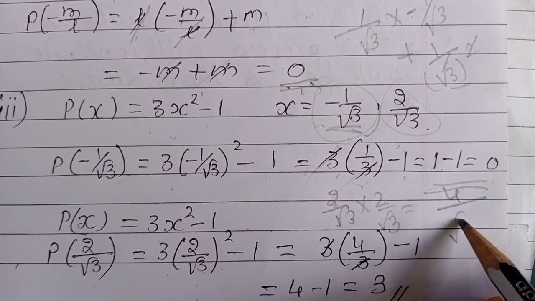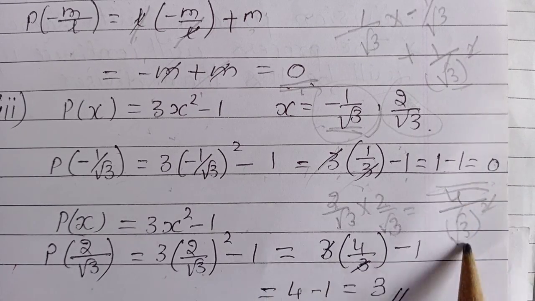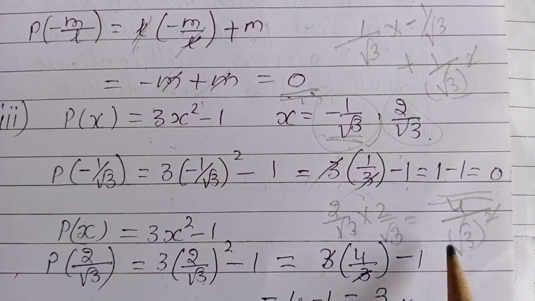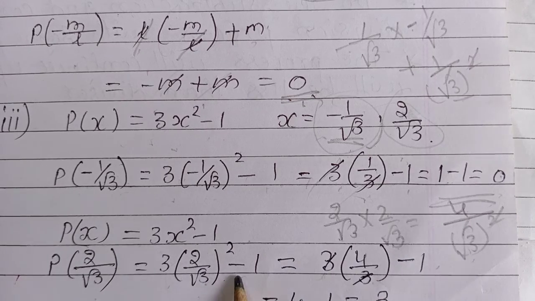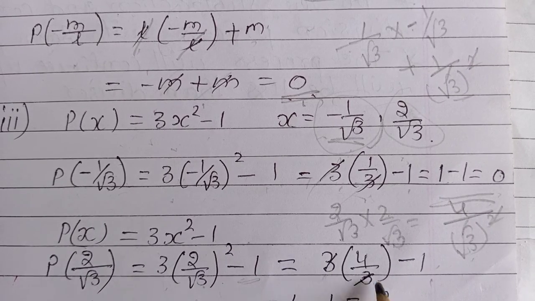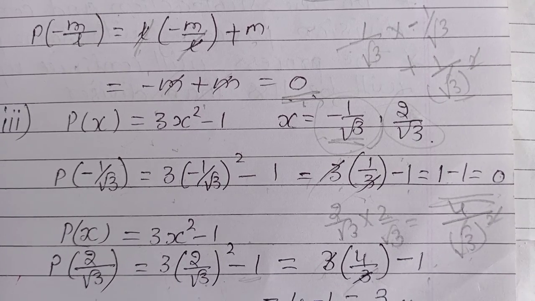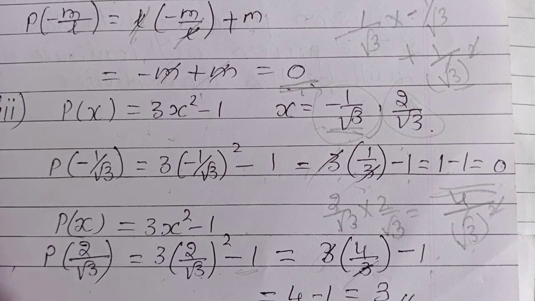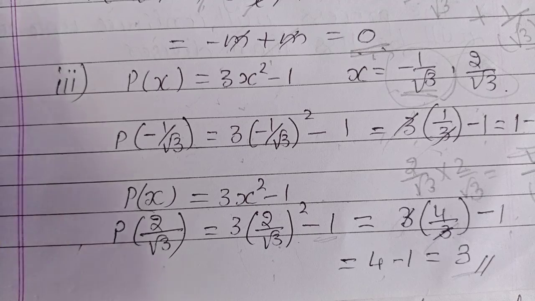Root 3 into root 3 is root 3 whole square. Square root gets cancelled. It is 4 by 3. So 3 as it is. The simplification of this is 4 by 3, minus 1 is here. Here also 1. See, 3 gets cancelled. 4 will be left. Minus 1. So the answer is 3. Okay. So it is not a 0 of the polynomial.